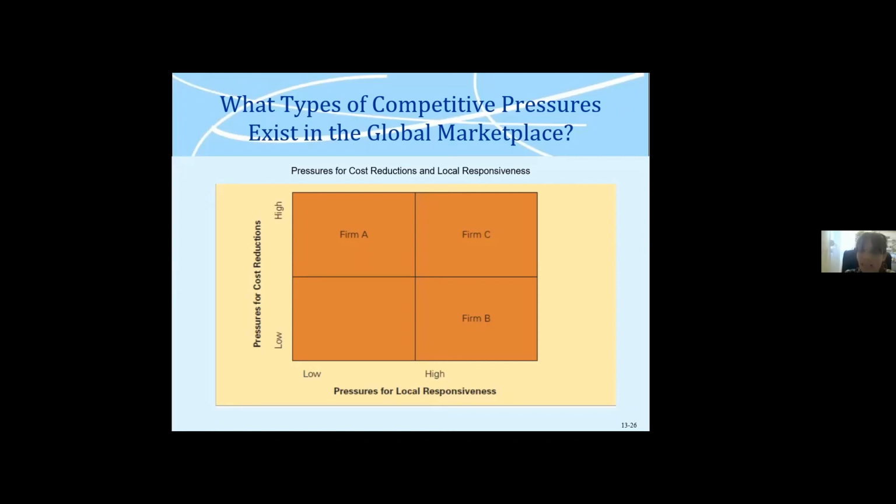In this case, dealing with these conflicting and contradictory pressures is a difficult strategic challenge, primarily because being locally responsive tends to raise costs, and they have to think about the preferences and tastes of the domestic customers, that is, customers in the host country.